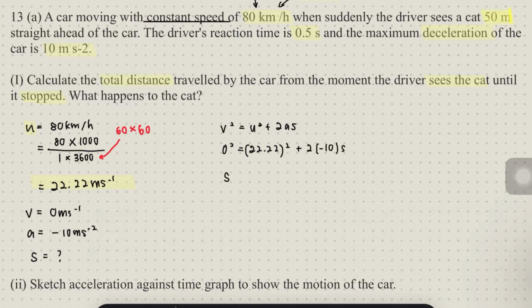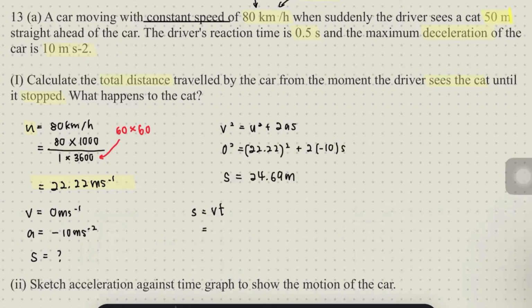Okay, so now we can find the distance traveled while it is decelerating. So how do we find the distance traveled during the first 0.5 seconds? We just have to use, as we know, distance equals velocity times time.